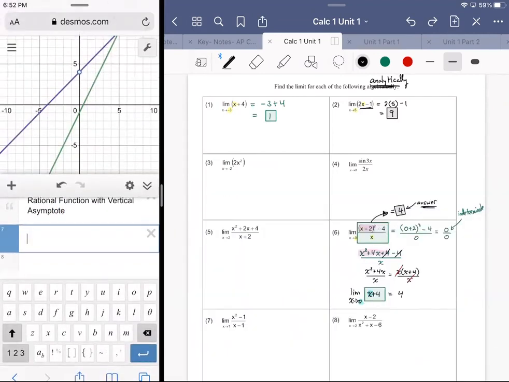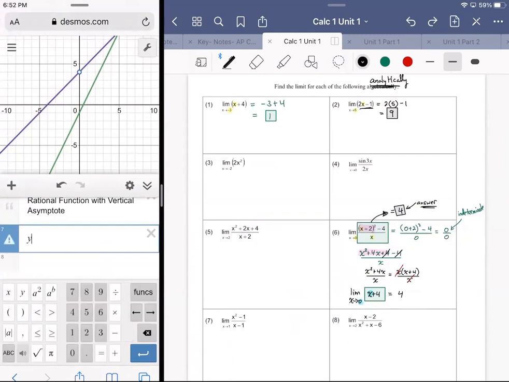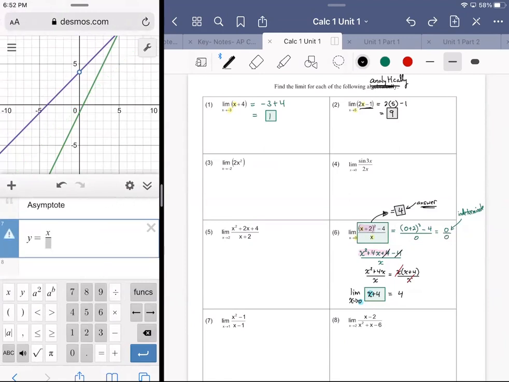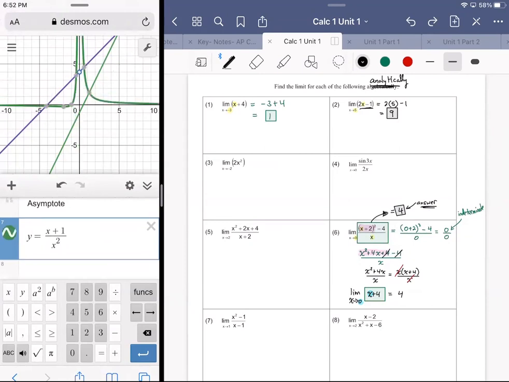All right, so I'll say y equals x plus 1 over x squared minus 4.